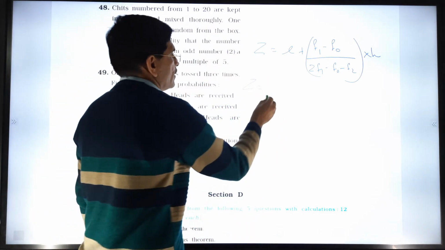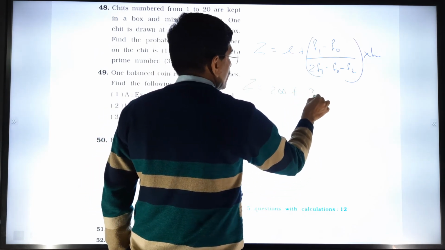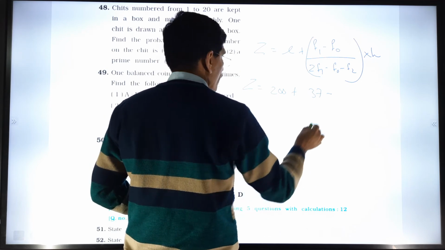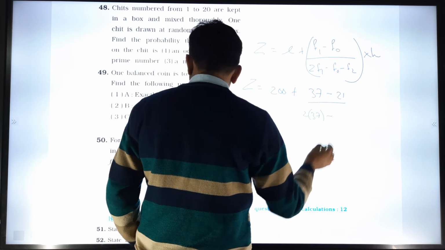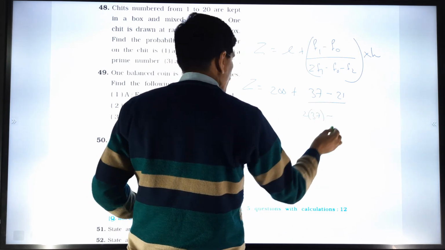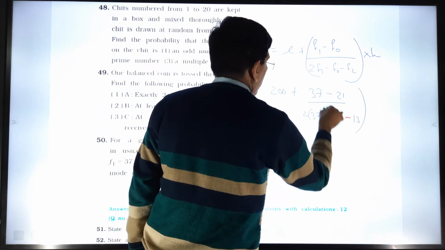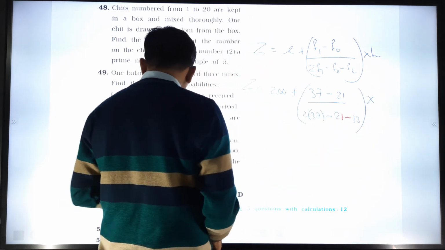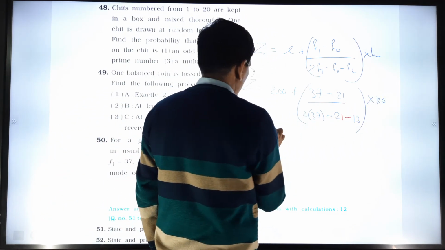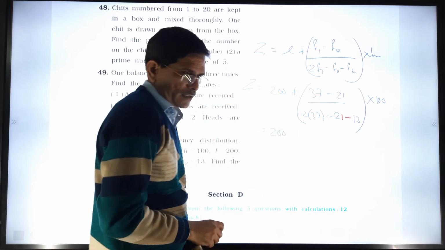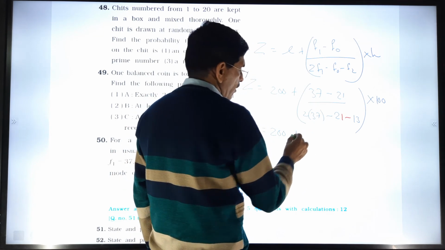Everything is given: 200, F1 minus F0, twice F1, F0, 21, minus F2 that is 13, into height h, which is always given in the question, 100. Now you simplify, we can get some answer. If your answer is incorrect but you do everything the correct way, you will lose only half marks.